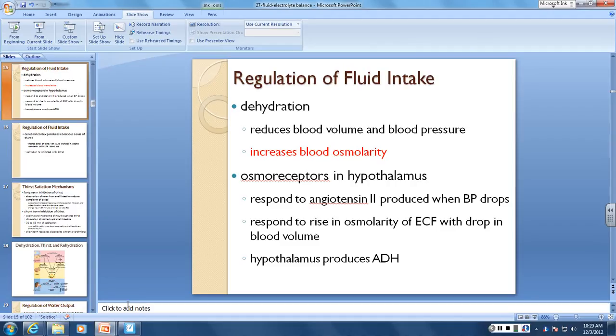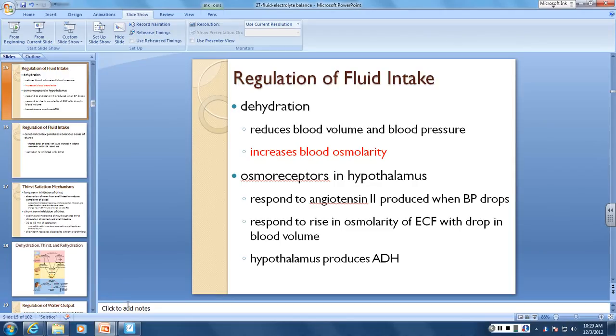There is some concern when blood pressure goes up, but blood pressure dropping is a much more immediate danger to the body. So when you go through the renin-angiotensin-aldosterone system, all of that is a mechanism to make sure that blood volume stays where it should so that blood pressure can be maintained.